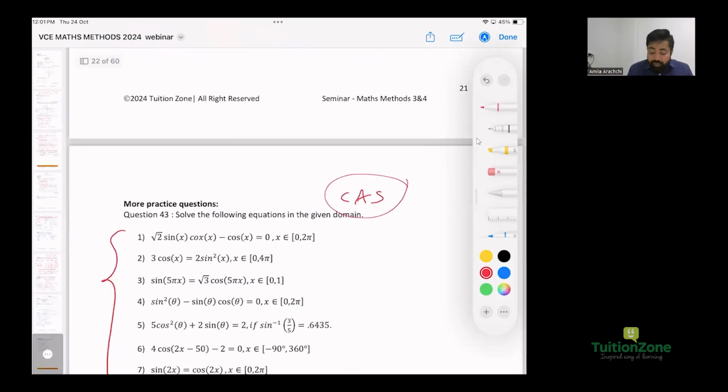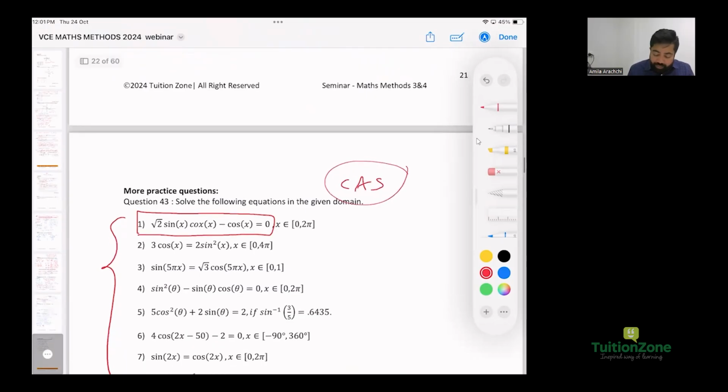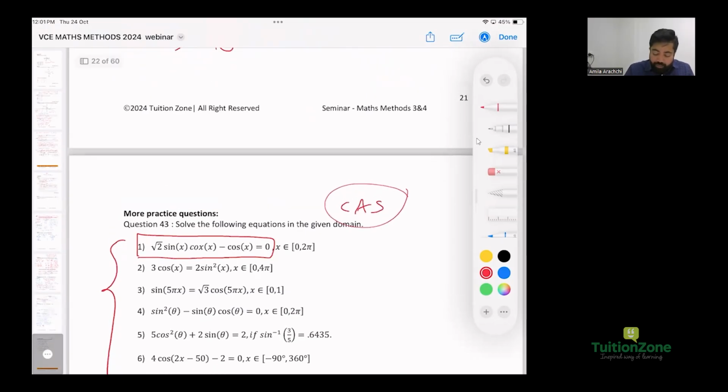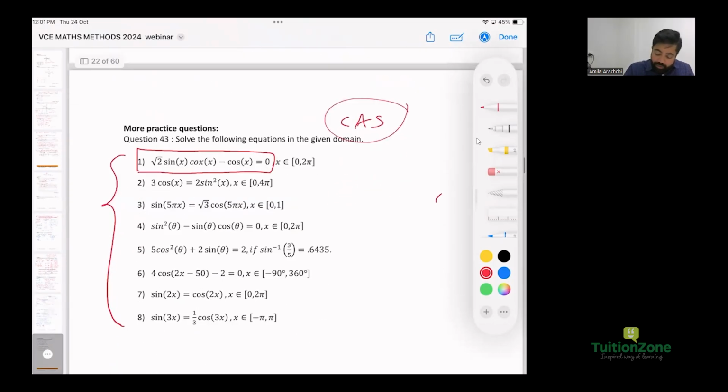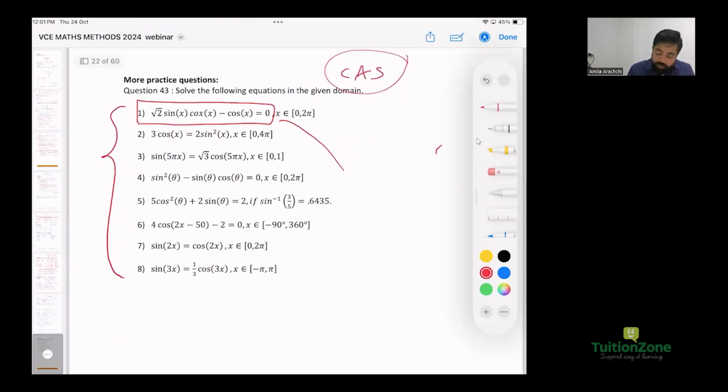And for some questions like this, what's the method? Factorize it. Can you see something common here? I'll quickly explain slightly about number 1, then I'll let you write down the steps, so at least you can get going for homework. In this number 1, is there a common factor? What's common? Cos x. So you can take the cos x out. What's in the bracket?